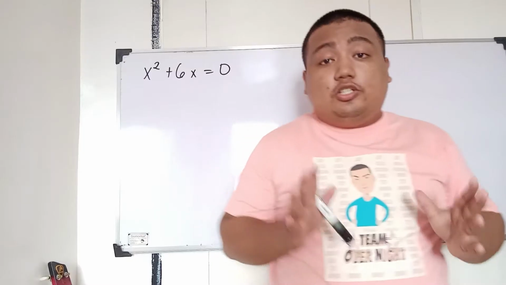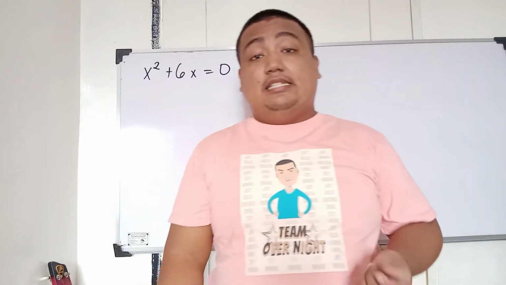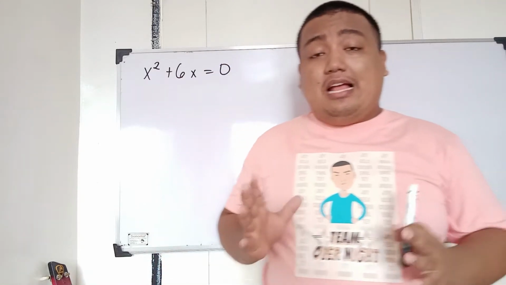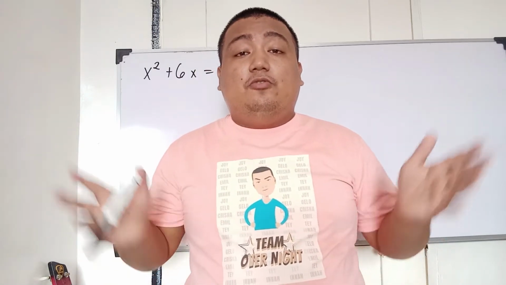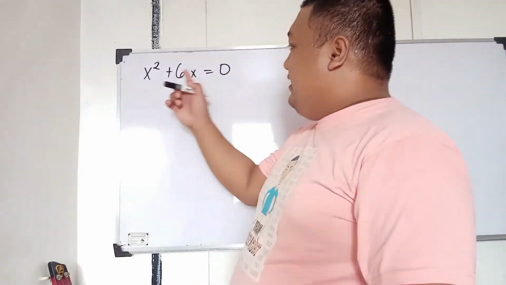Let's go! So, I have here a given equation: x squared plus 6x is equal to 0. So, alam ko na pwede natin siyang i-factor, pero ang gagawin natin ngayon, let us try to use the completing the square. So, paano ba natin mako-complete yung isang perfect square trinomial? Ganito yan. Yung titignan natin dito is yung coefficient ng x, which is 6.